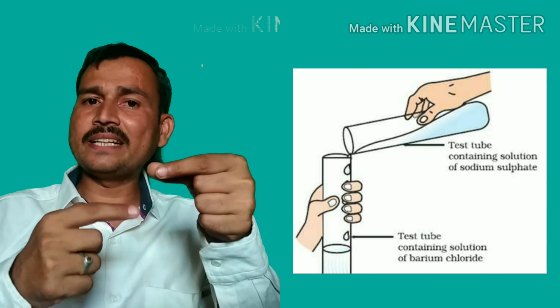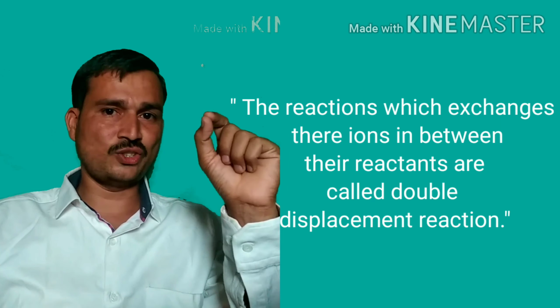Or another definition: the reactions in which the reactants exchange their ions. Such reactions are also called double displacement types of chemical reactions. We can also recall activity 1.2 from the previous video, which we performed first. That is also a best example of double displacement reaction.